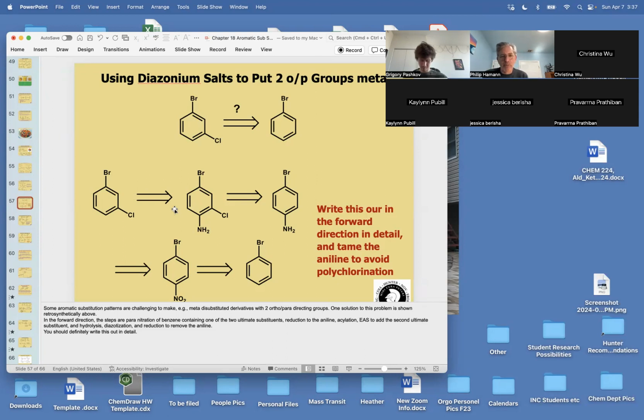So this is a reference back to the fact that anilines are really hard to work with in this chemistry. Generally we make the amide, then do the electrophilic aromatic substitution, and then take off the amide. So that's a reference to that.